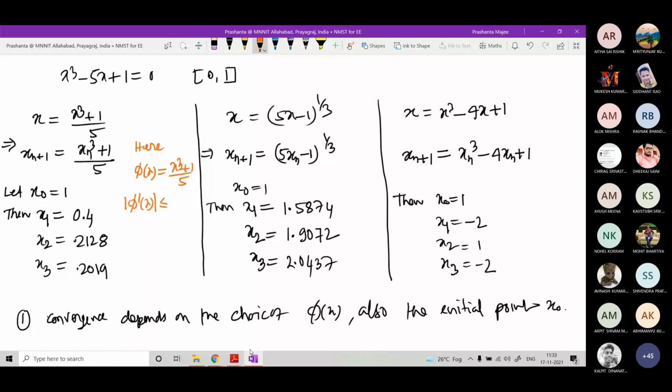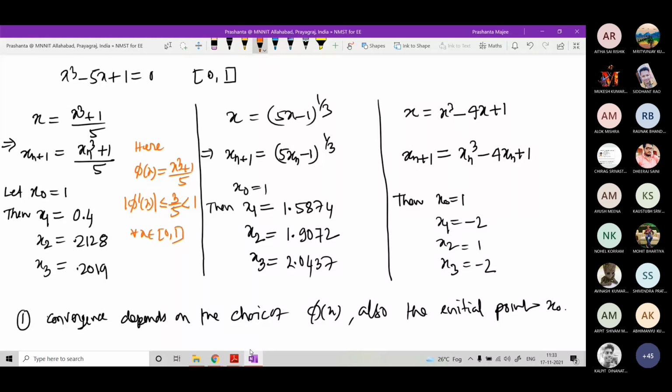3 by 5. 3 by 5, which is less than 1, is it not, for all x belonging to 0 1.